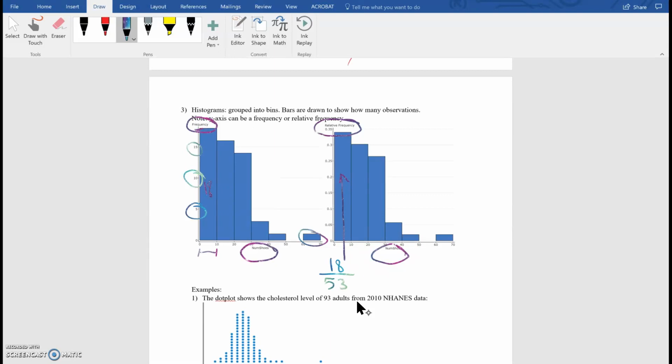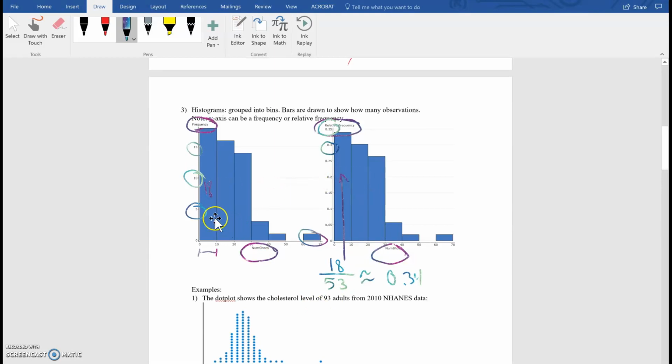Divided by 53, you get a number between 0.3 and 0.35. I think it's maybe 0.34 or something like that. So it's exactly the same histogram. It's just that the y-axis is in a different unit: this was observations, this was relative frequency.